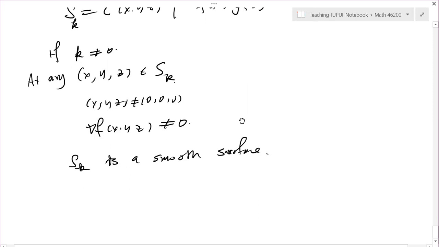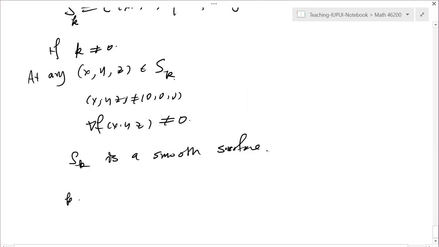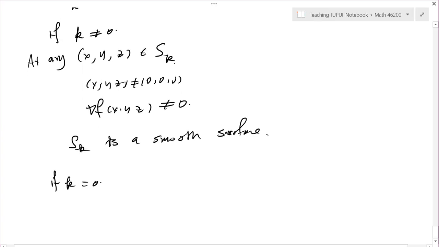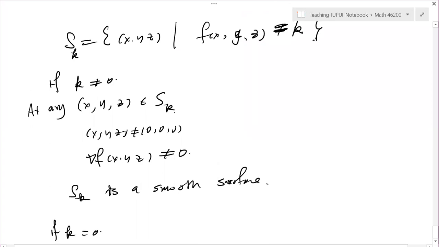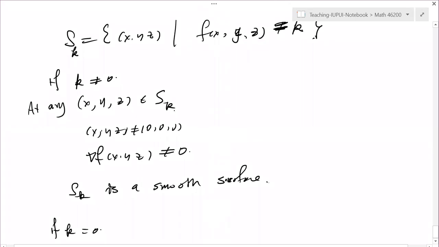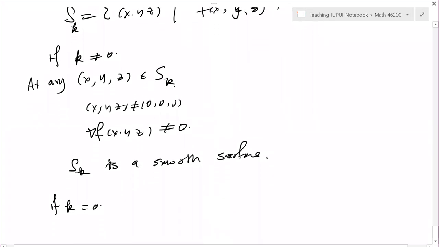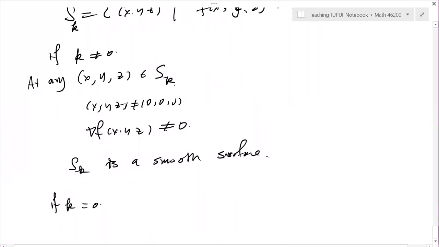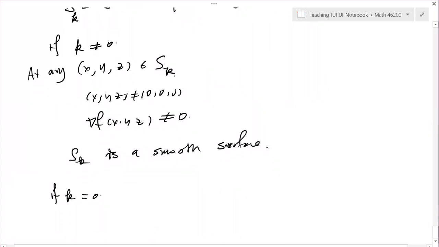Now what happens if k is 0? If k is 0, we do have one point, the origin, passing through this. So S0 contains the origin.